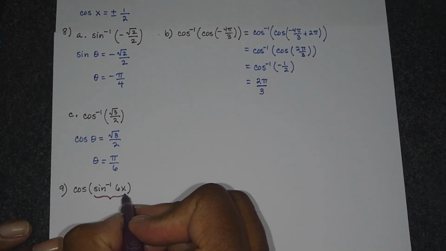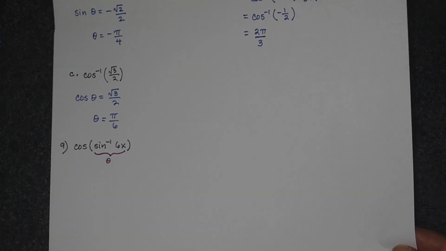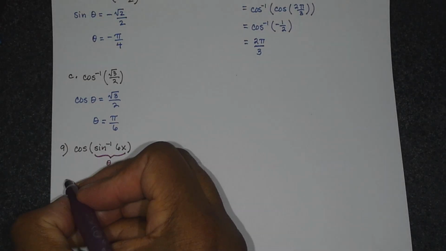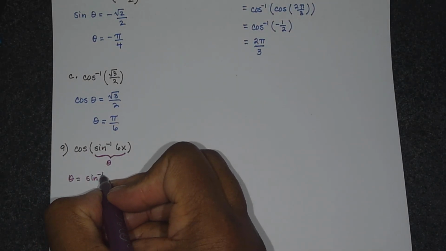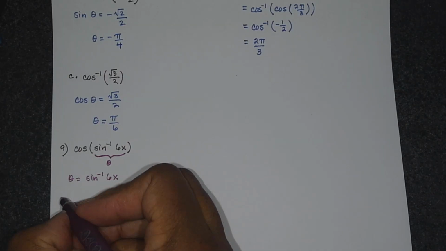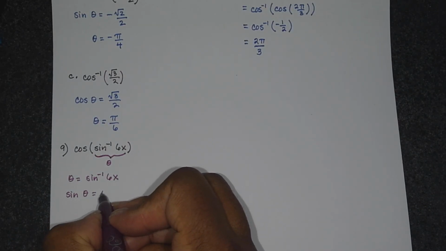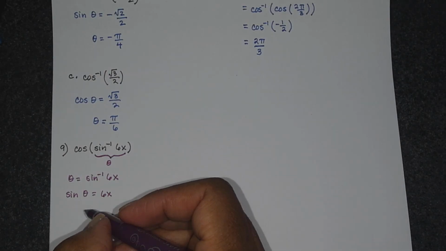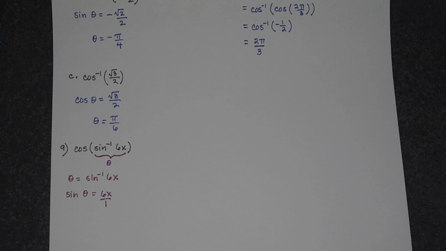Now this part right here, the inverse sine of 6x, I'm going to let that be equal to theta. I'm just going to take what's on the inside of the parentheses. So that means that theta is the inverse sine of 6x. Now what that means here is this: sine of some angle theta equals 6x. And I'm going to put this 6x as 6x over 1.